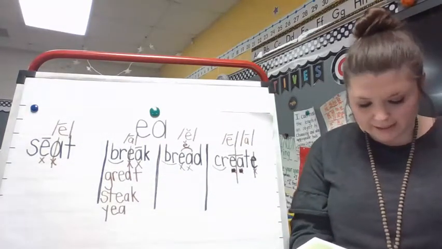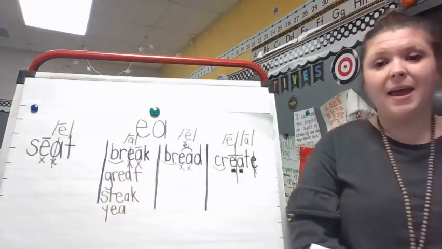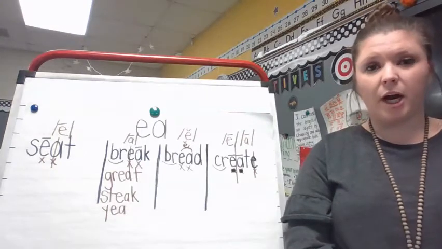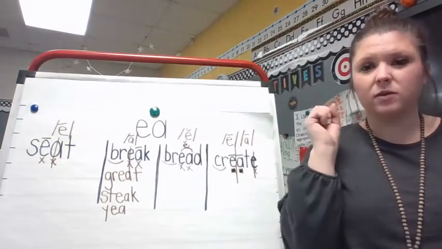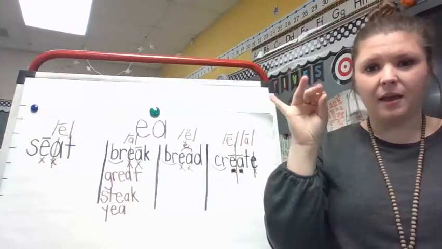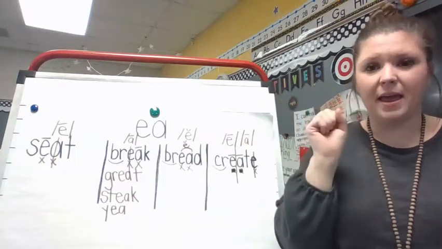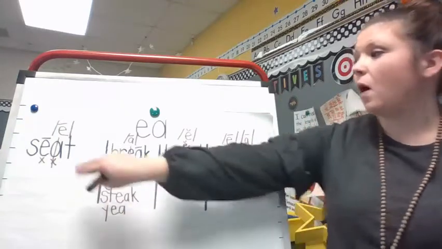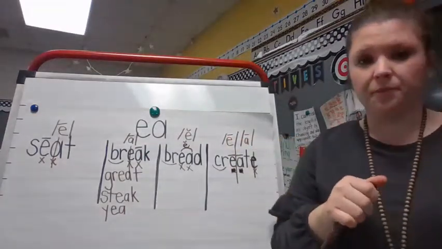The word is head. Head. Say that word. All right, let's tap that word out, the sounds we hear. Head. Do we hear long E, long A, short E, or both E and A?